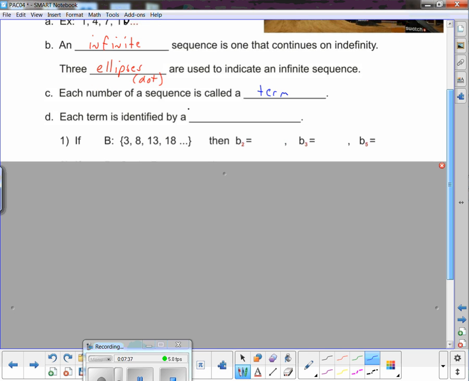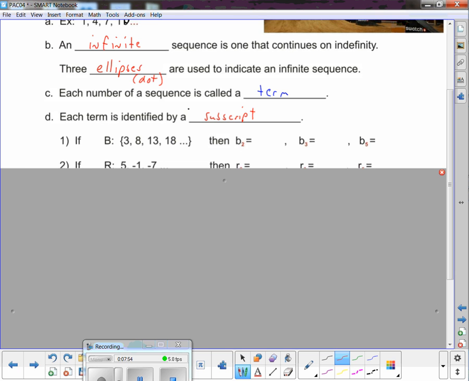And each term is identified by a subscript. The subscript simply tells you which term it is. So this isn't hard. If you see, for example, B sub 2, usually we say sub for subscript, B sub 2.